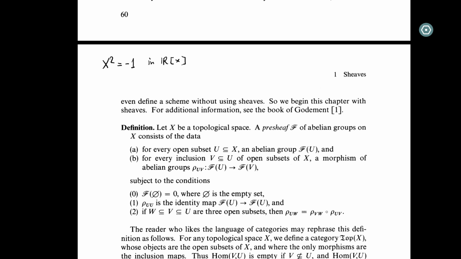Usually, as we saw in Hartshorne in the first chapter at the beginning, we are talking about algebraic varieties over an algebraically closed field.